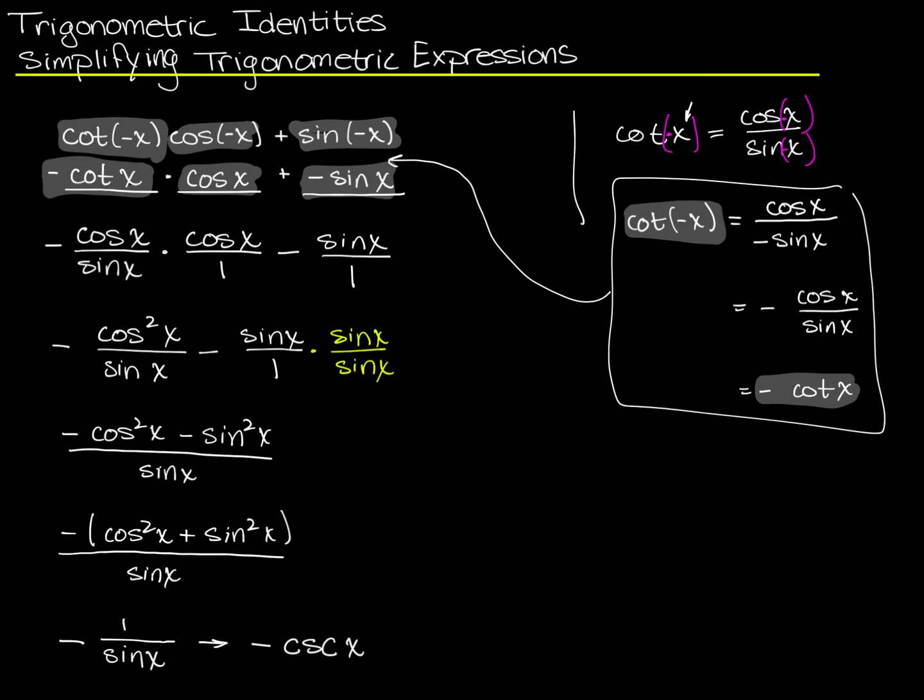Then in the next step, I changed cotangent into cosine over sine. The other 2, I just put over 1. In the next step again, I got my common denominator and multiplied these 2 to get a single fraction here.